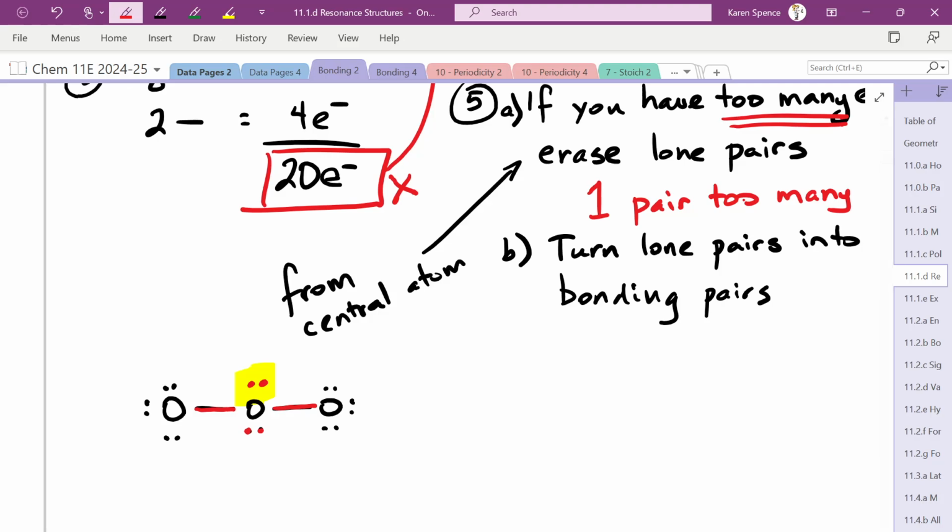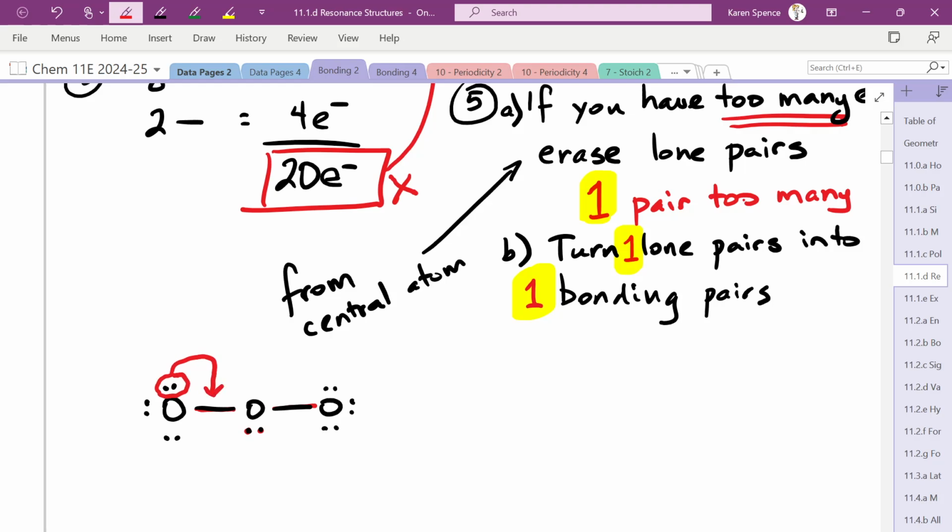I just got rid of those. That would be silly. Okay, so let's get rid of those. Remember, what we have to do is turn lone pairs into bonding pairs. How many lone pairs? 1, because we had a 1. We're going to turn 1 lone pair into 1 bonding pair. So we're going to take this and we're going to move it in.